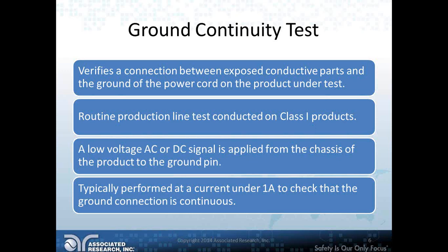A ground continuity test is normally required as a 100% production line test on electrical equipment in order to verify that there is continuity in the ground circuit of the device itself.